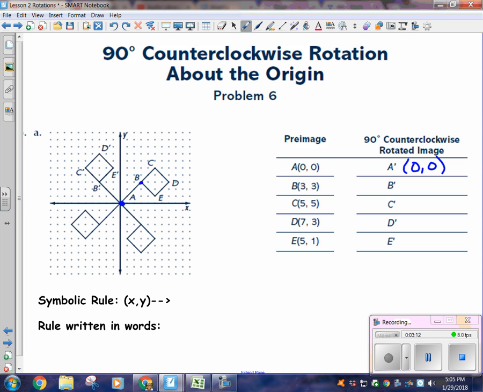Now I need to move from this position to this position, so we're going to rotate 90 degrees from quadrant number 1 to quadrant number 2. When we do that, the new position of the flag is back 3 and up 3, so -3 and +3.